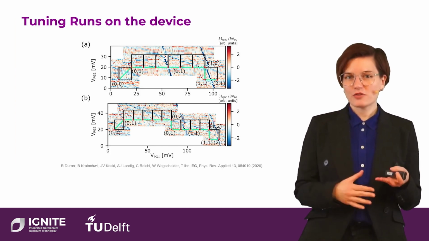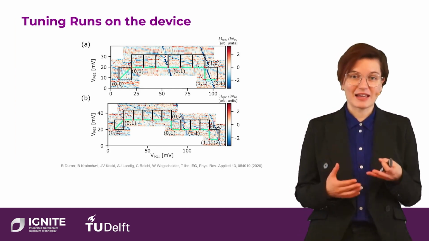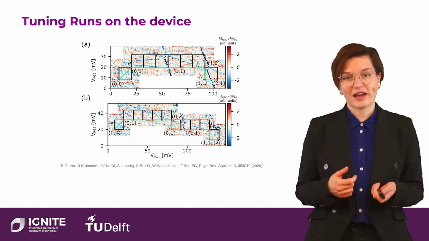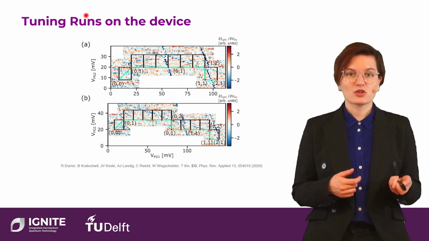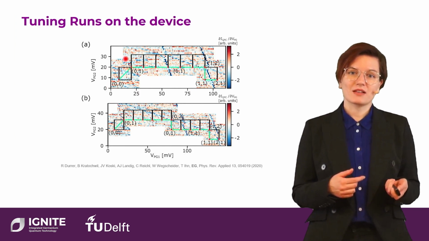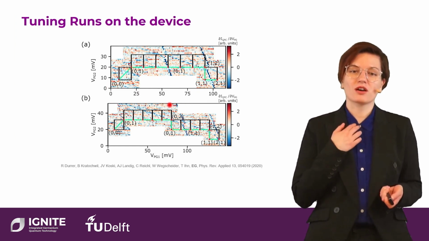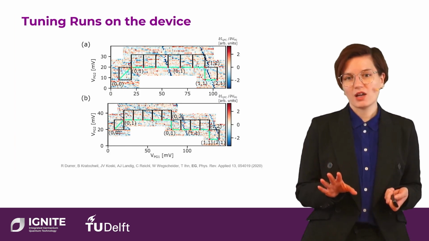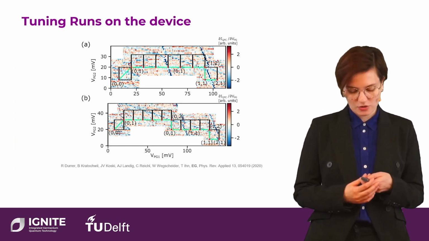But somehow, even for really noisy data where I cannot tell by naked eye, the neural network is really good at recognizing it. And these are two examples, one very short, one a little bit longer, of how to go from 0, 0 to 2, 1 on these double quantum dots.